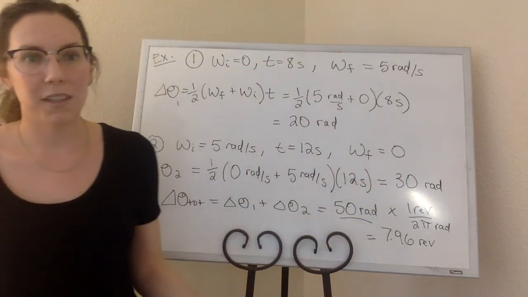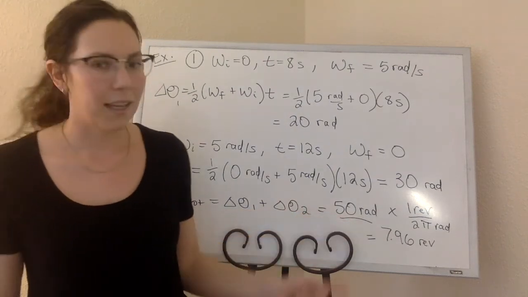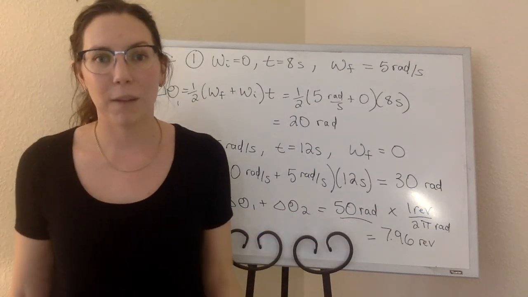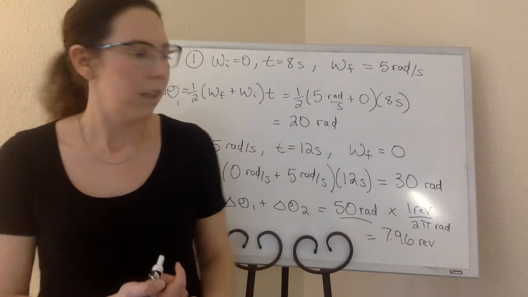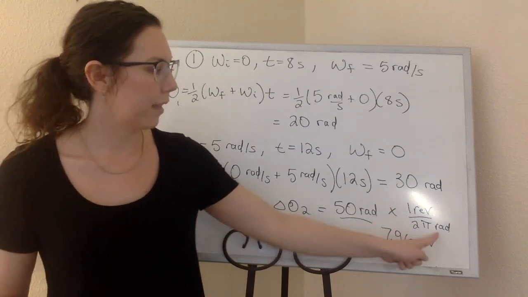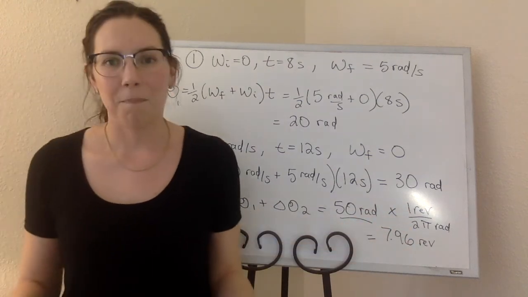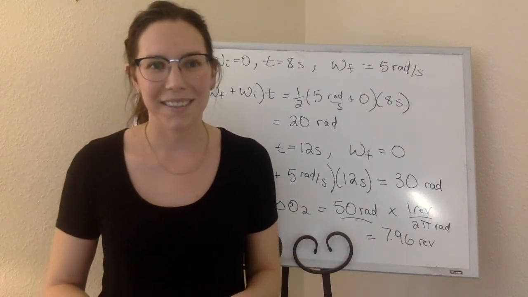To get the total, we just add them. Theta 1 plus theta 2 is 50 radians, and that can be converted into revolutions because the second part was how many revolutions this is. So we take 50 times 1 revolution per 2 pi radians, and that washer cycle moved through 7.96 revolutions.